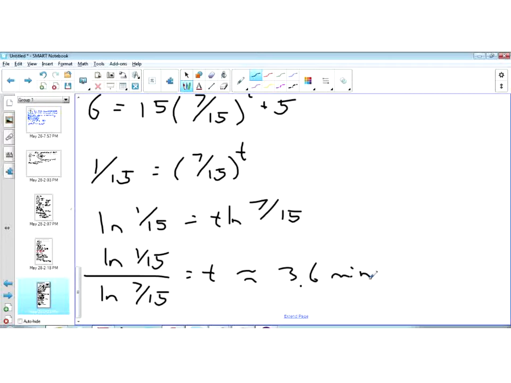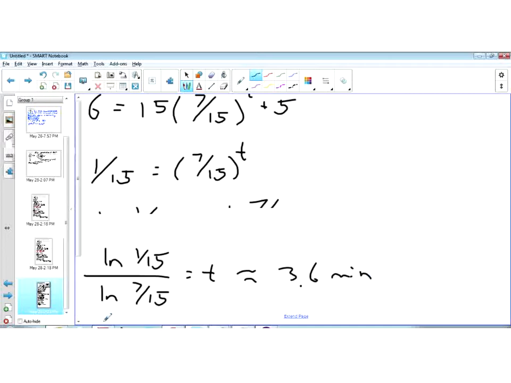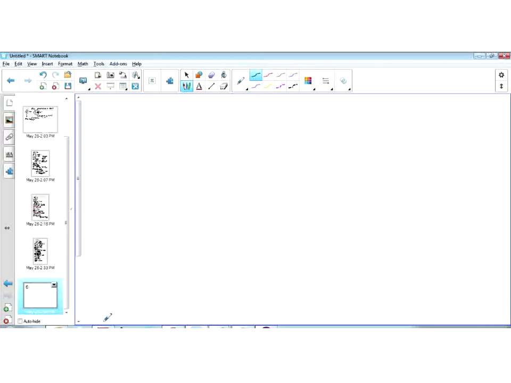What's the next category? There's one more category of problems in this section, and that's called continuously compounded interest. So the finance section. We'll move off of physics and get into finance.